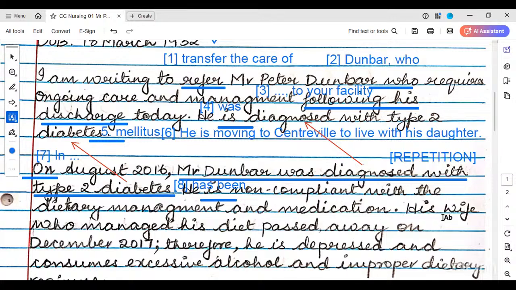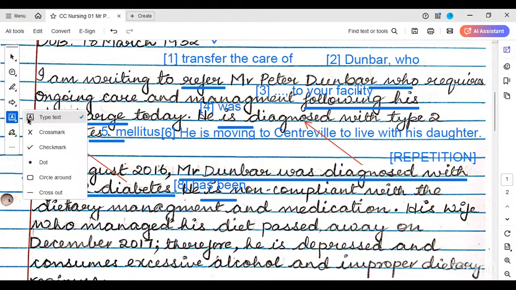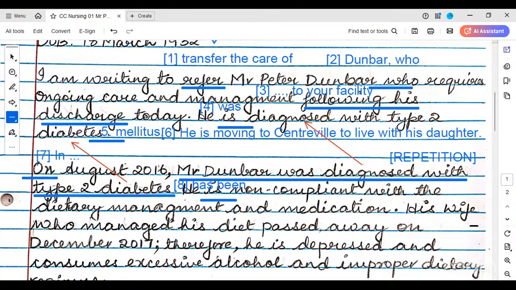His wife, this is point number 9. So you have a problem with punctuation. His wife, comma, who managed his diet, comma, passed away. This is a noun in apposition, a phrase in a position. His wife, who managed his diet.